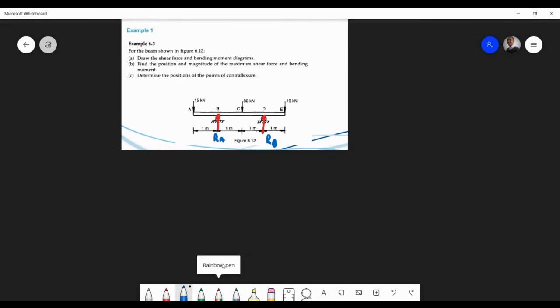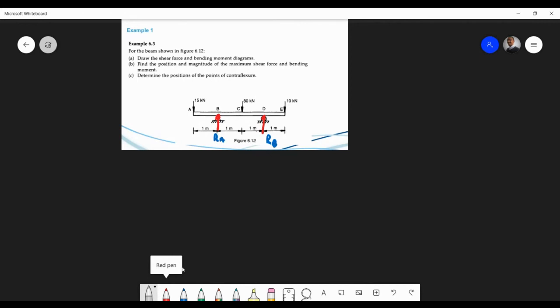Students, are you there? Yes, sir. Great. Okay. So the first step is we need to find RA, RB, right? If you remember the approach, second condition of equilibrium, we got to take moments.